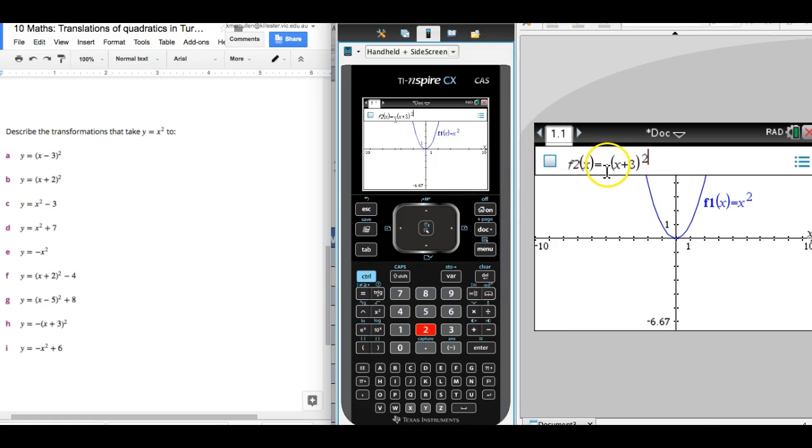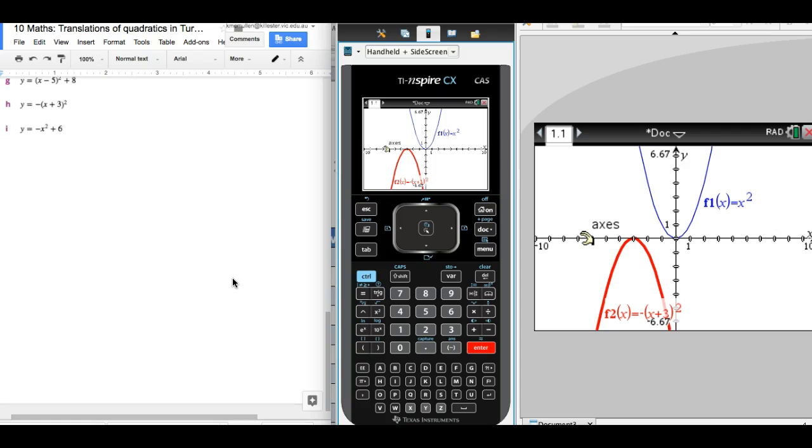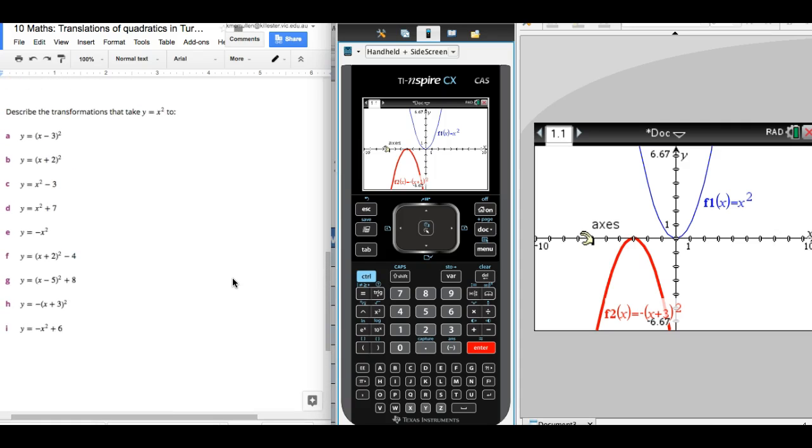Remember, this means it's reflected, and this plus 3 means it's moved to the left. Can you see that? It's flipped and it's also moved to the left. We actually have another translation which makes it wider or narrower, but on this sheet we're only looking at up, down, left, right, and whether it's been reflected in the x-axis.